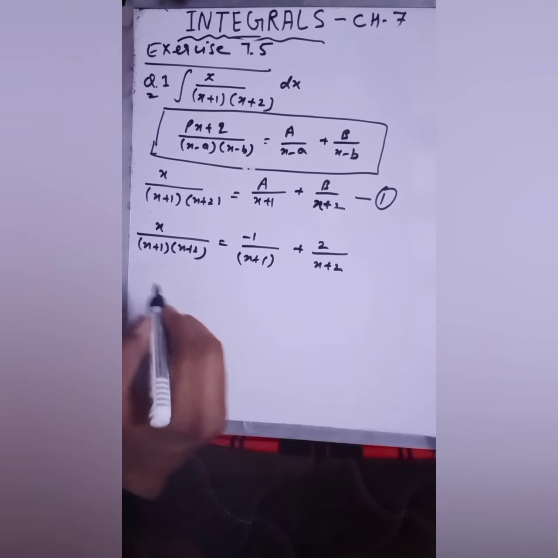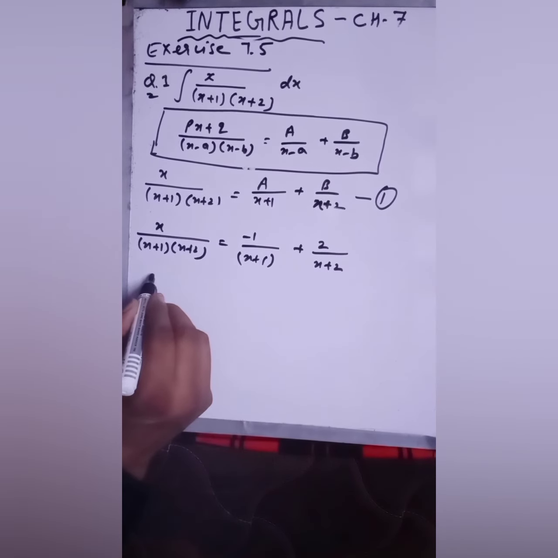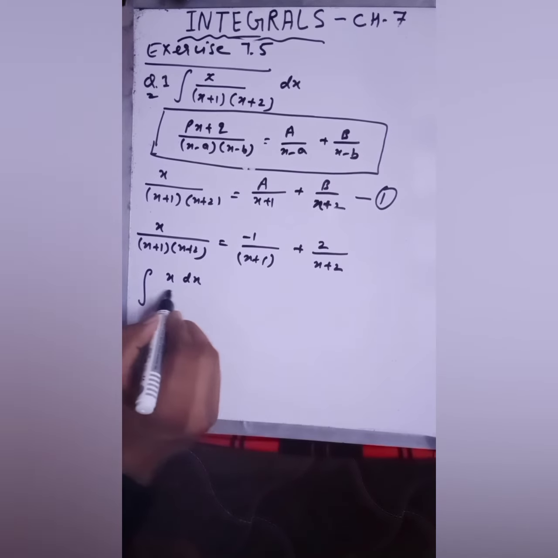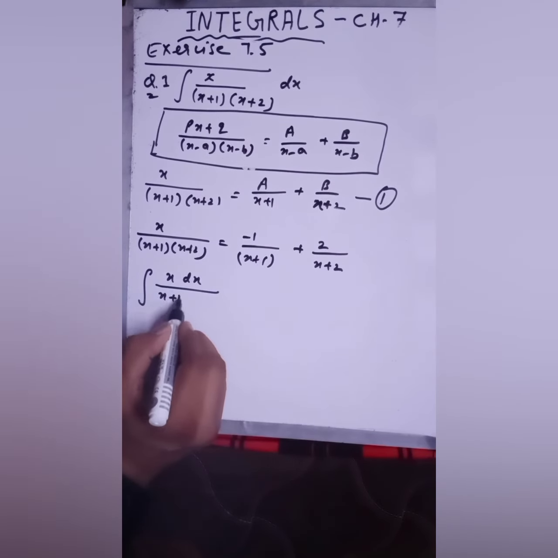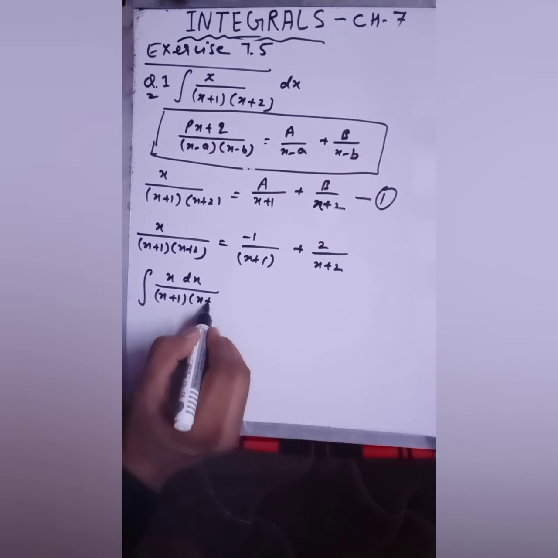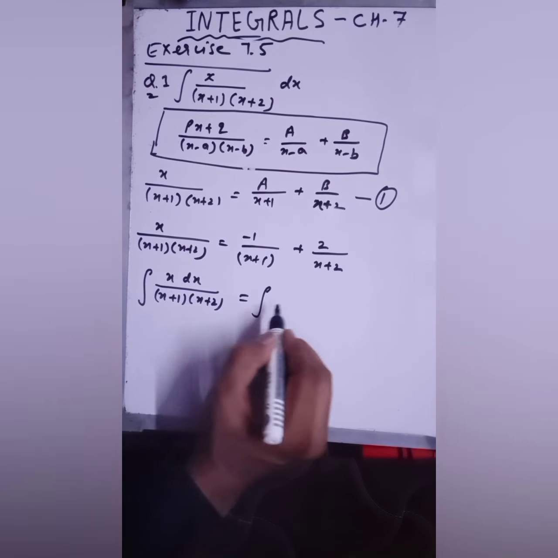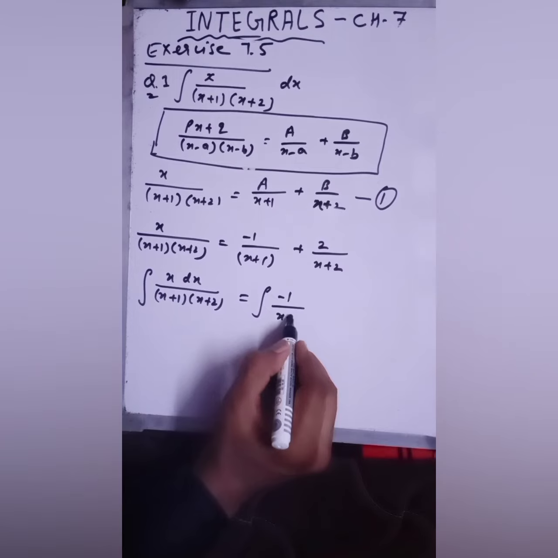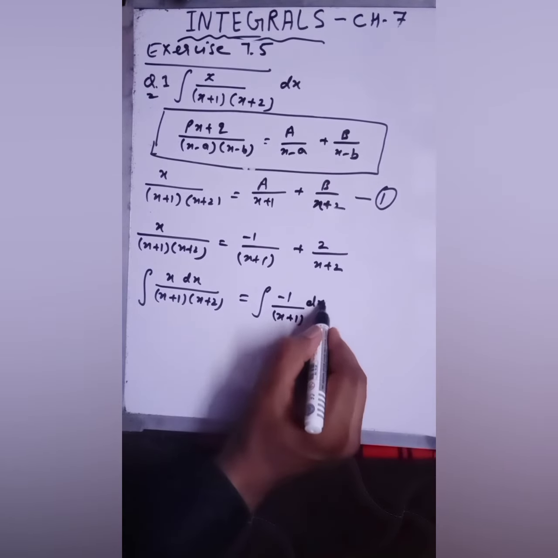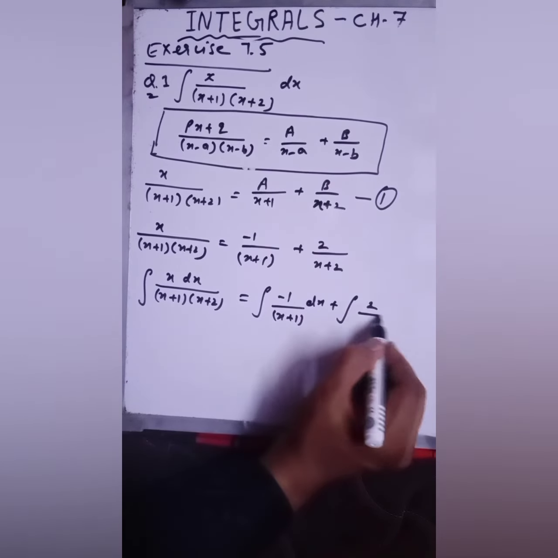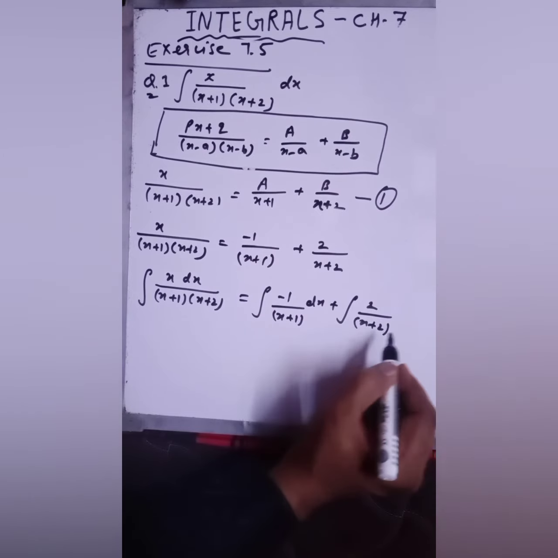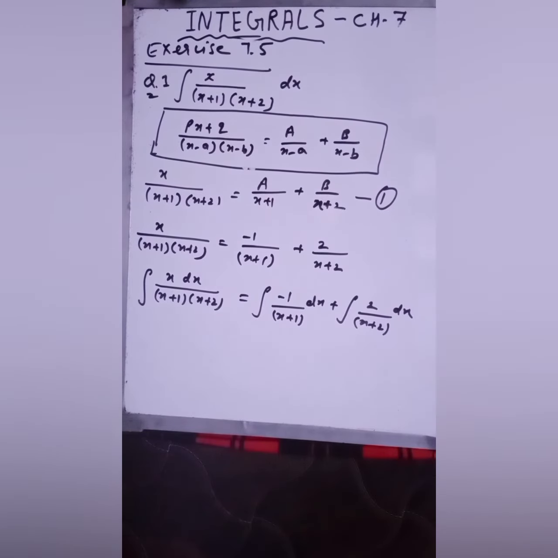Now you just have to write integrating both sides. You have to use the sign of integration. So integration of x dx over (x + 1)(x + 2) is integration of -1 over x + 1 dx plus integration of 2 over x + 2 dx. Fine.